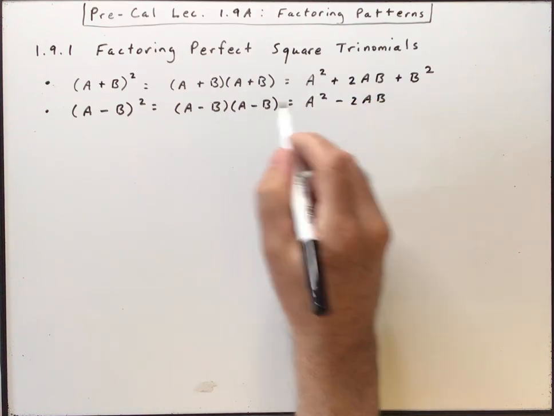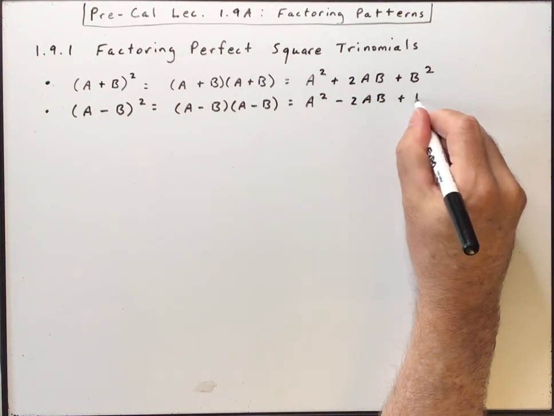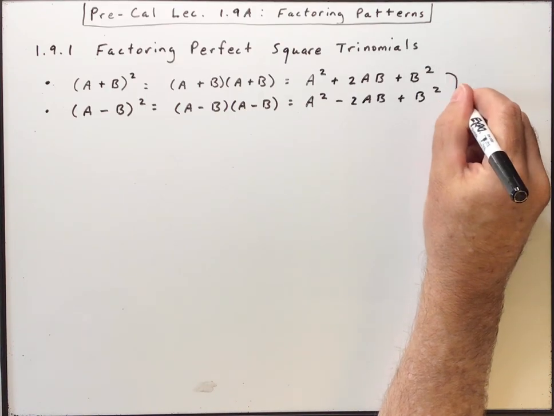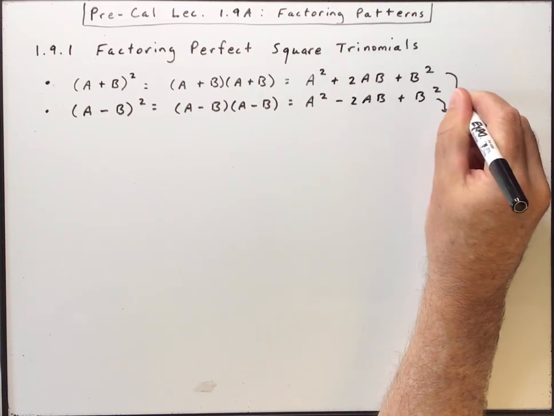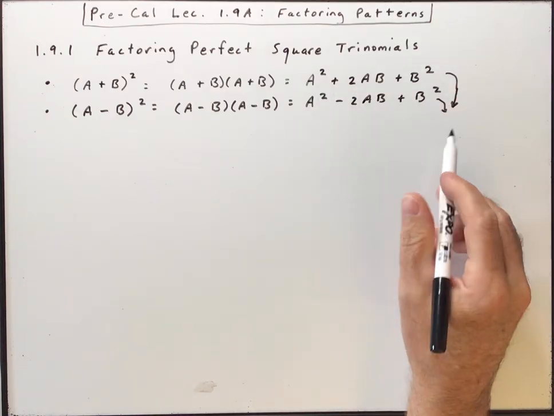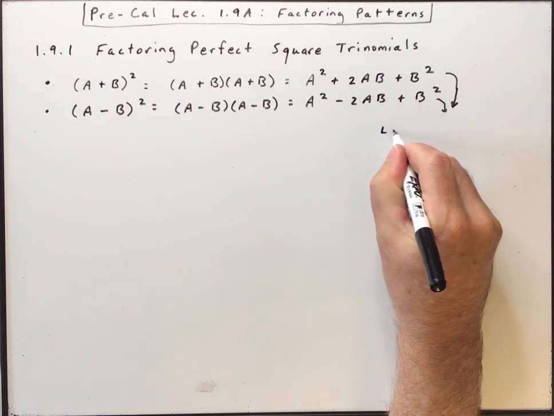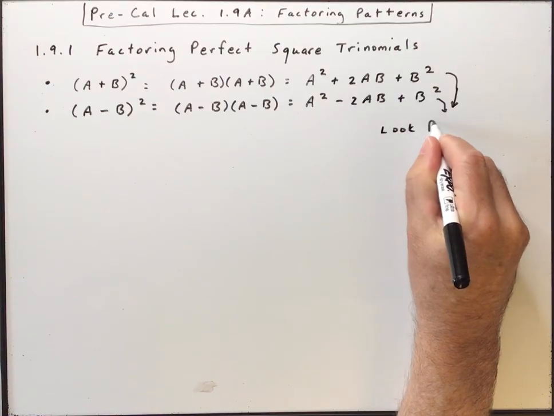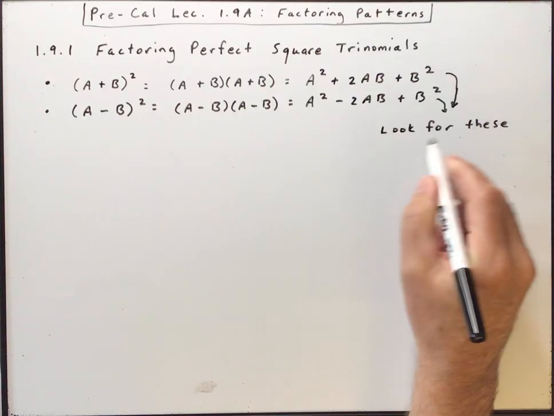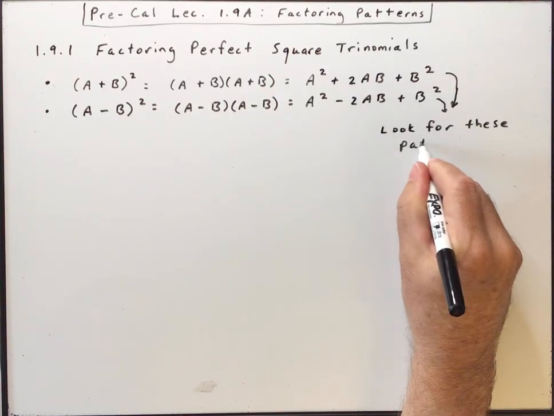And then negative b times negative b would be plus b squared. So what we want to do when we're factoring trinomials is look for these patterns, this first and this second pattern.